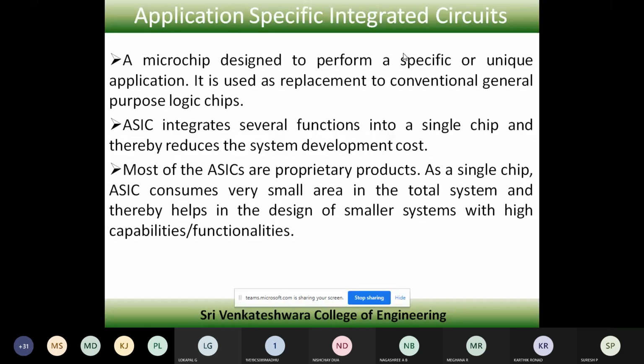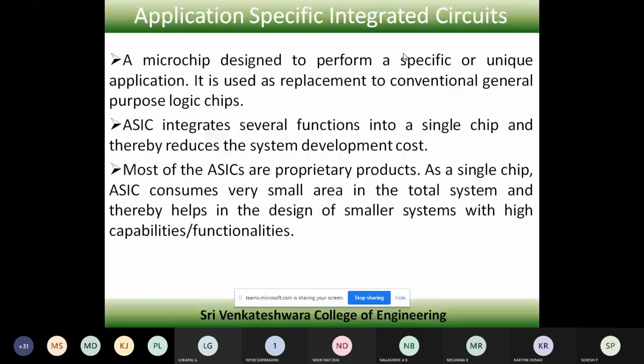If you want any one application or functionality to be performed, that functionality will be specified and stored inside the ROM. That is where your firmware designer has a role to play.